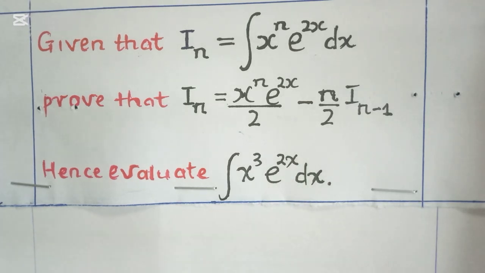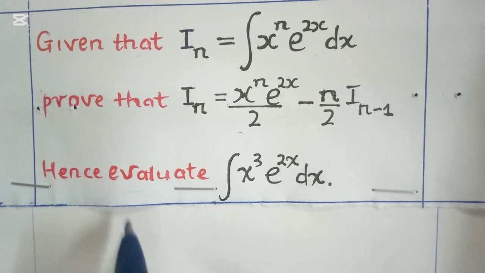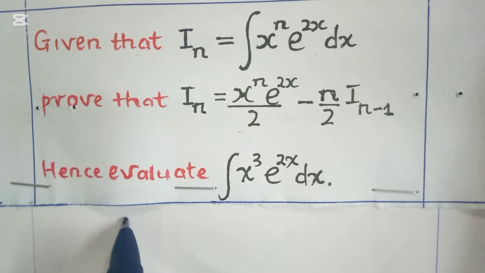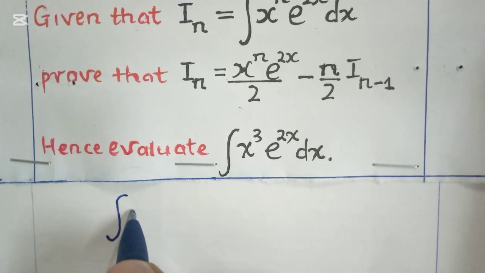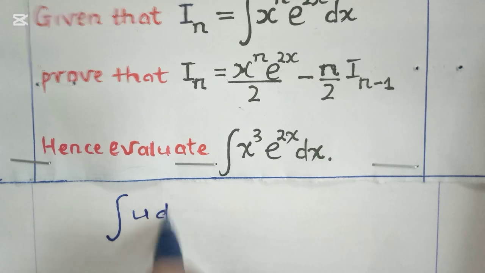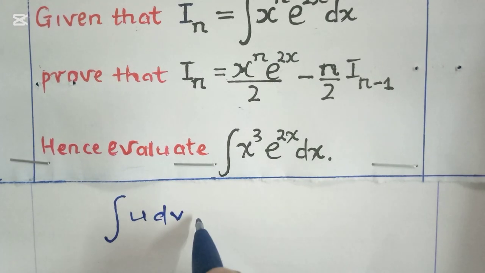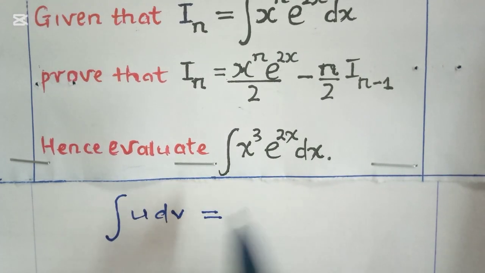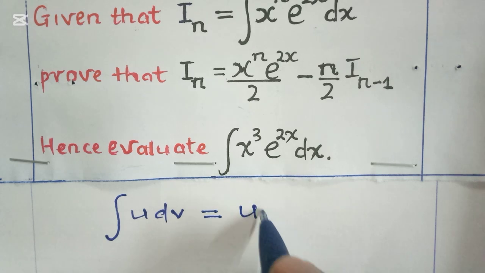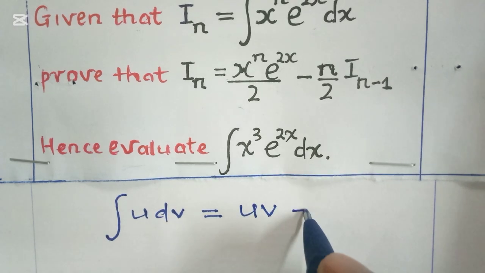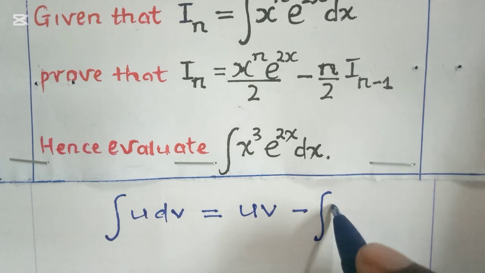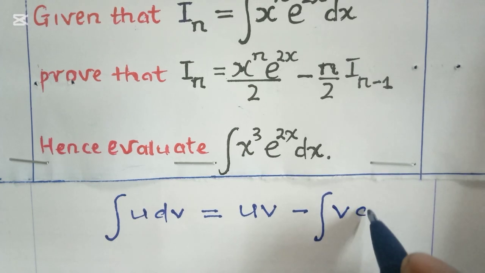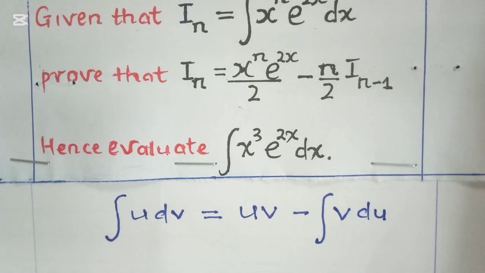And our equation for integration by parts, let me just write it. So this one is supposed to be like this: the integral of u dv is equal to uv minus the integral of v du, like that.